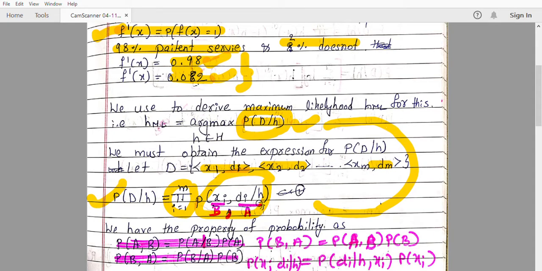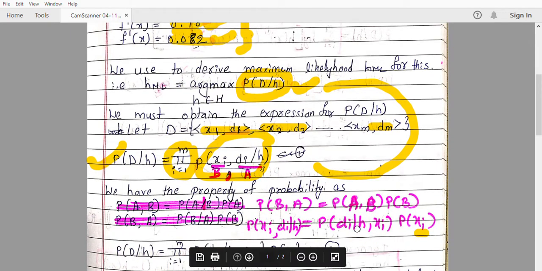Our a is di, h. Our b is xi, so p of b means p of xi. So we got the expression for this.